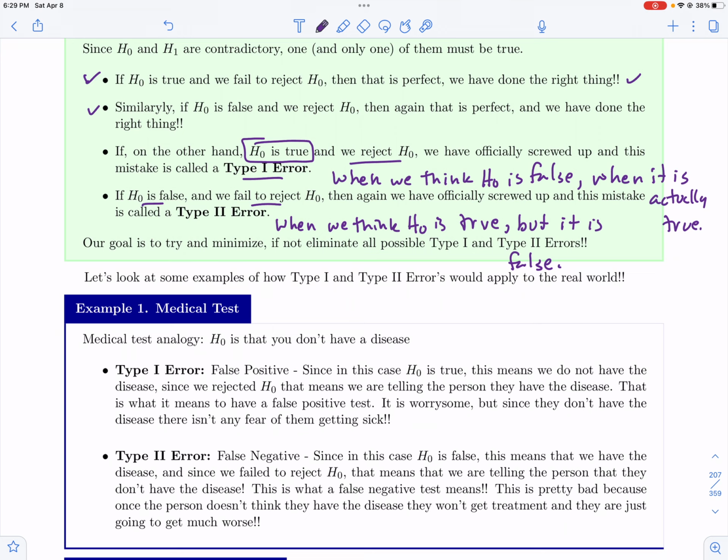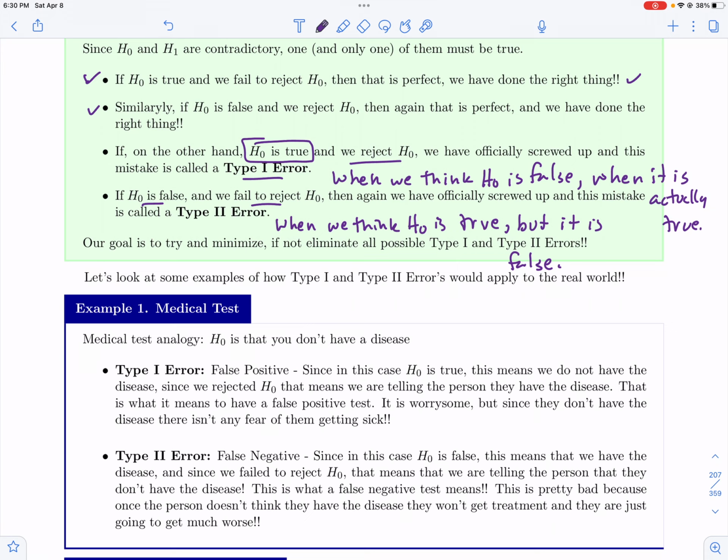So really, they're going to get treated for a disease they don't actually have, which probably won't hurt them, hopefully. But they're also wasting resources on a person who doesn't need the medication.